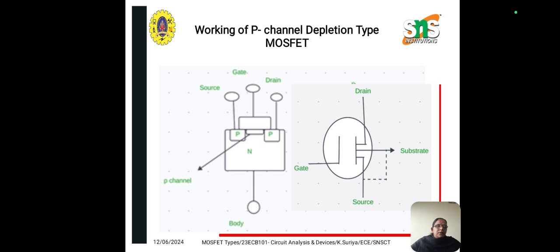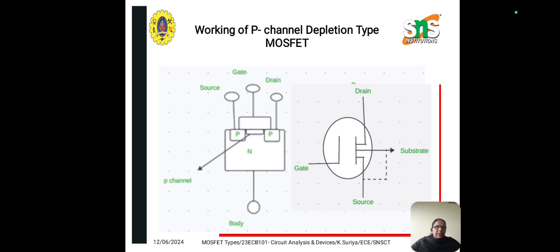So next one is the working of a P-channel depletion type MOSFET, whose symbol is shown here. Similar to the other MOSFETs, there are mainly three terminals here, gate, source and the drain. The current between the drain and the source is controlled by the gate voltage, but there is a difference. The channel is present from the beginning when no voltage is applied.